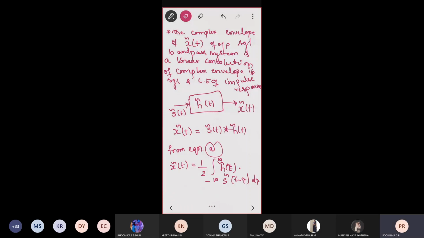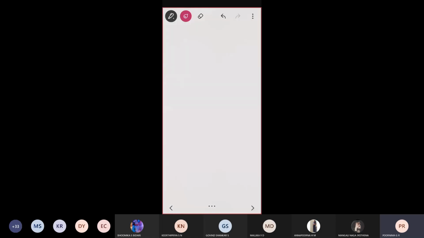I have just substituted for x tilde of t from the previous equation. Now the half I will take to the left. So therefore you can see that 2 into x tilde of t is equal to the integral from minus infinity to plus infinity of h tilde of tau multiplied with s tilde of t minus tau d tau.